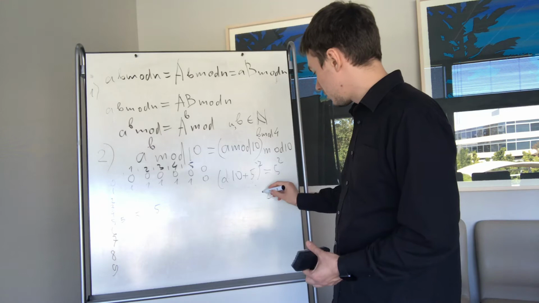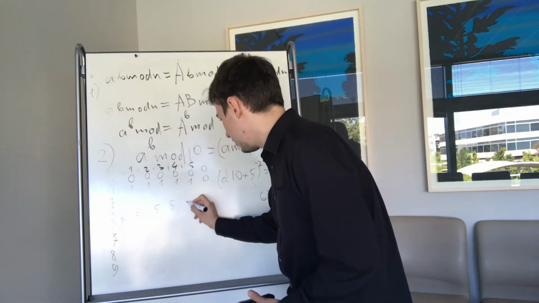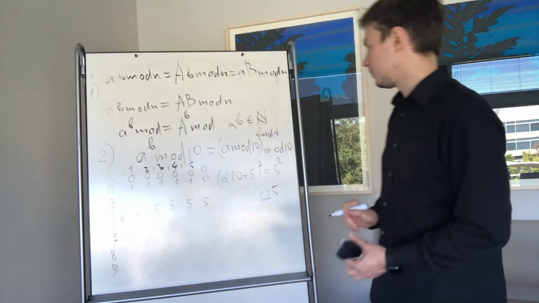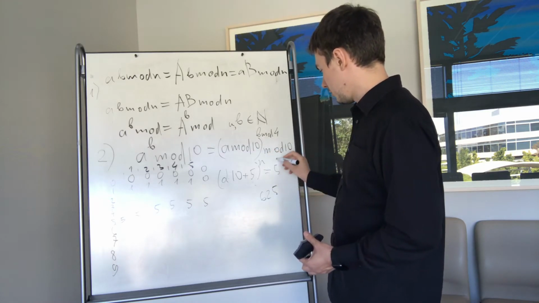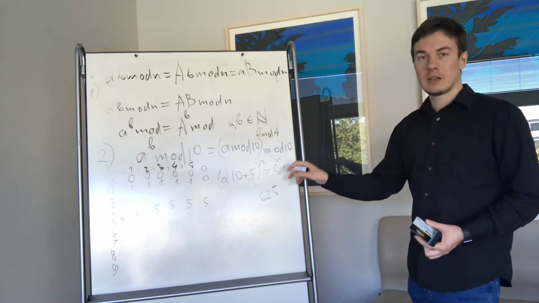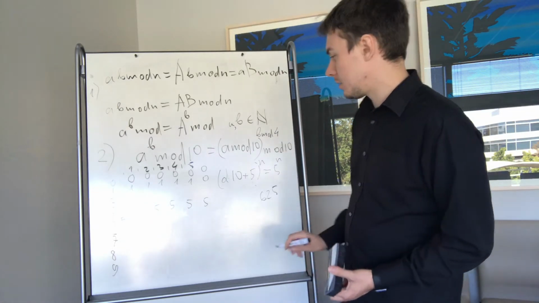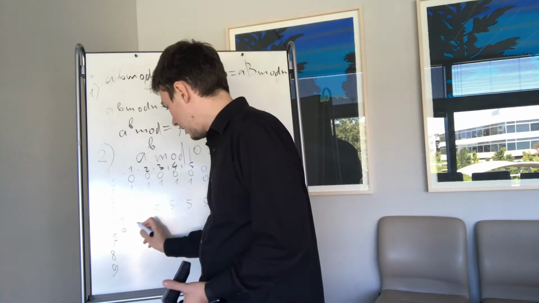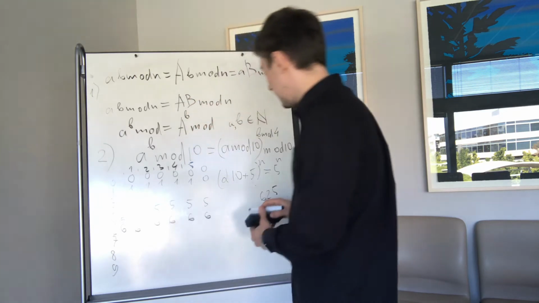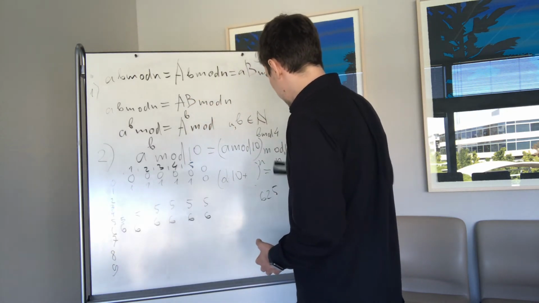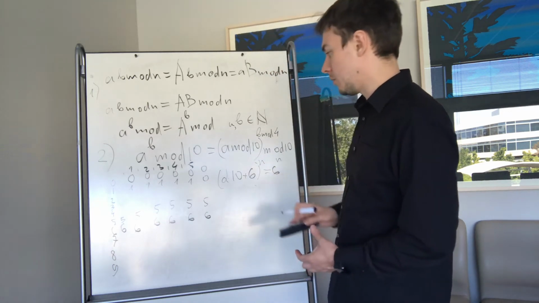Power 4, 625, and so on and so on. So for any n, the last digit of this number is 5. It is actually very easy to prove that the last digit of this number for any n is 6 as well.